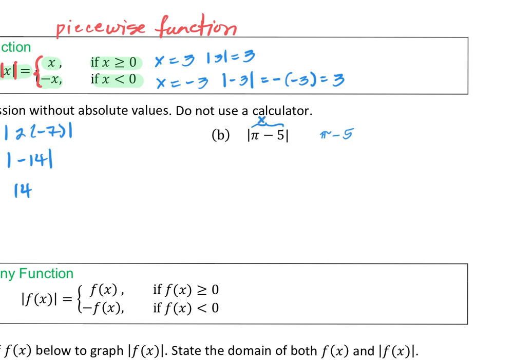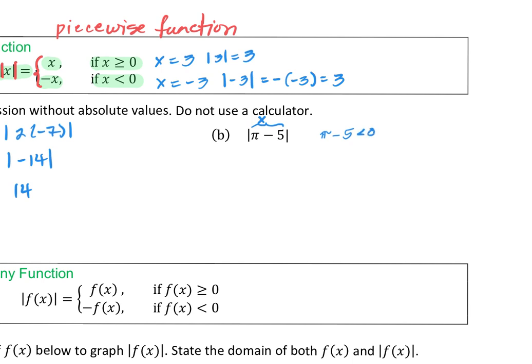So is pi minus 5 greater than or equal to 0, or is it less than 0? Now you could put this in a calculator and you would get some negative number, which would be the approximation. However, remember, pi is approximately 3.14, so if I subtract 5, I'm going to get a number that's negative. So I can see that this is less than 0.